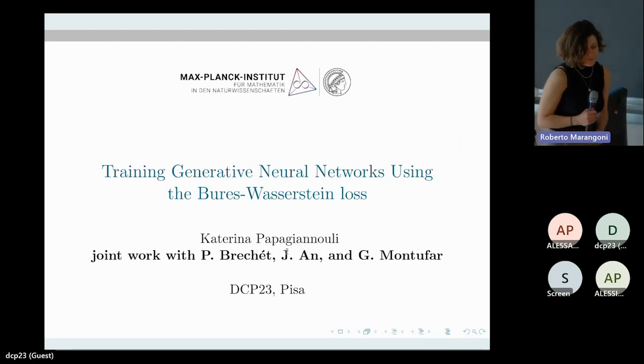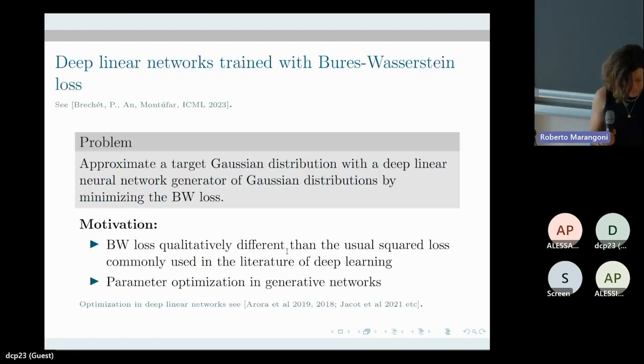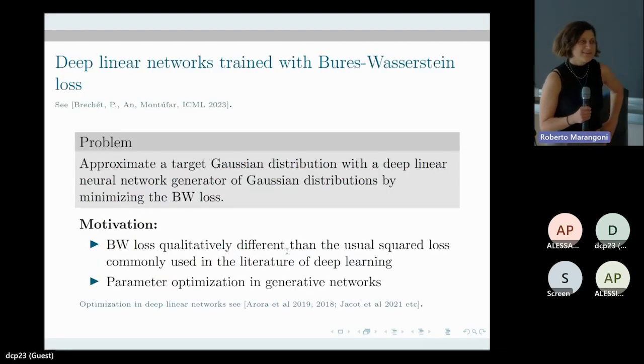So today I will talk about training generative neural networks using the Bures-Wasserstein loss. It's a little bit different architecture than the one introduced before by Andrea.